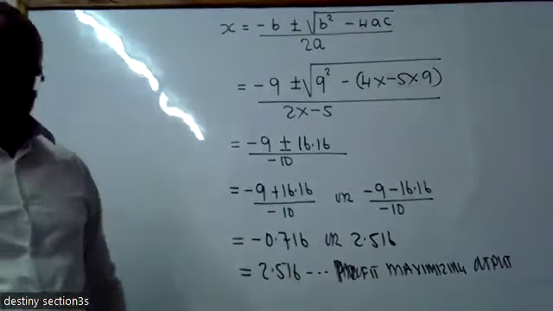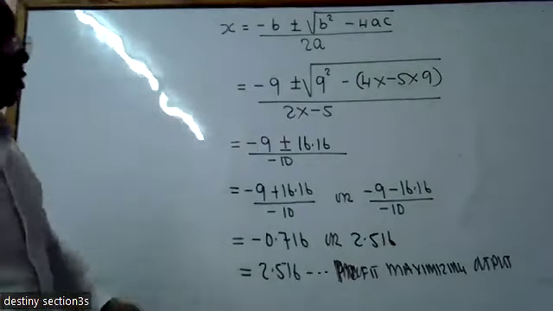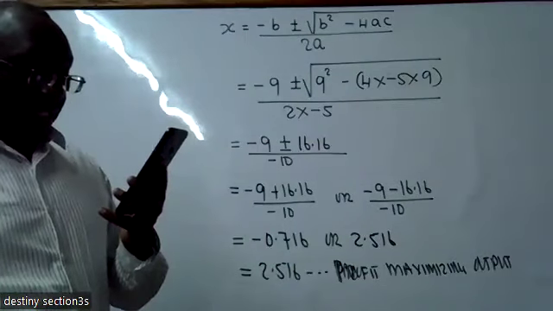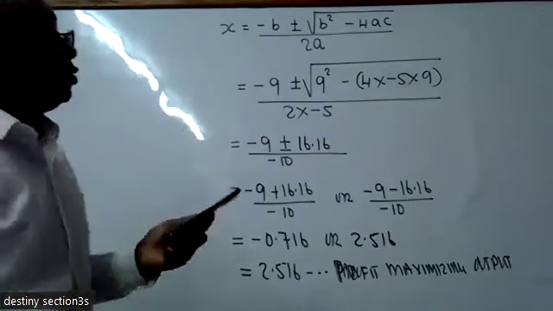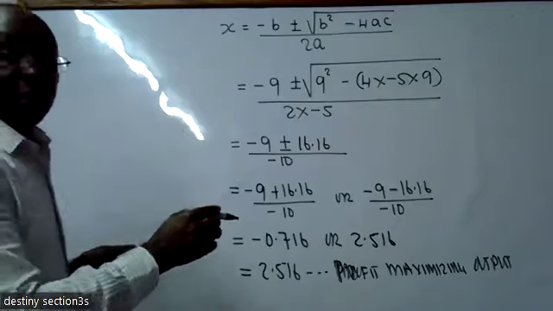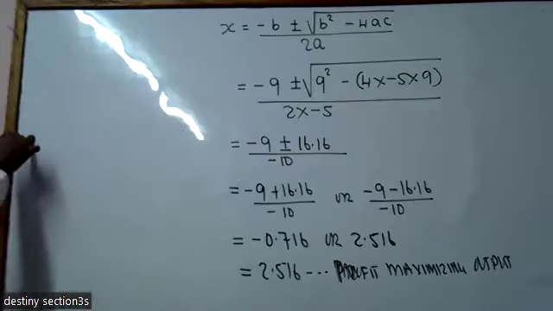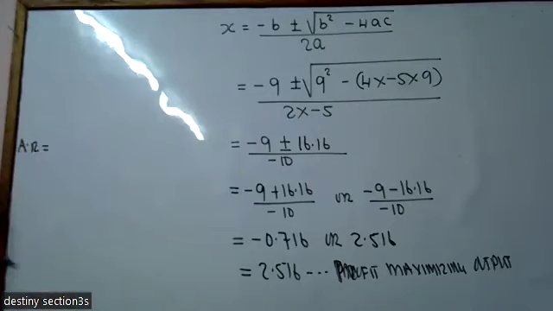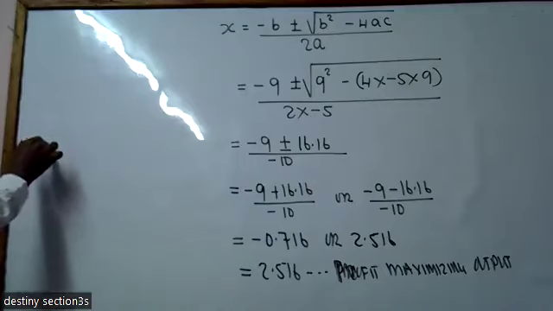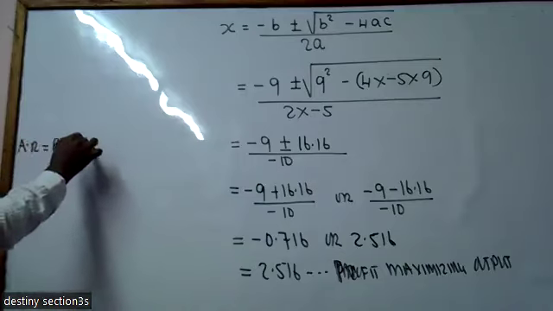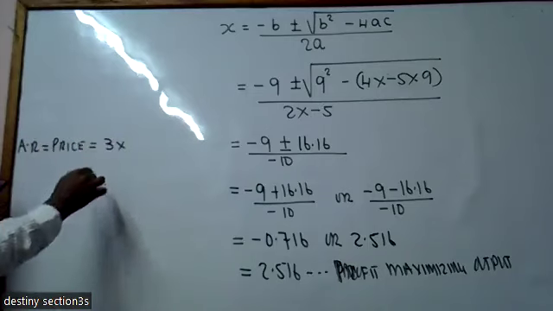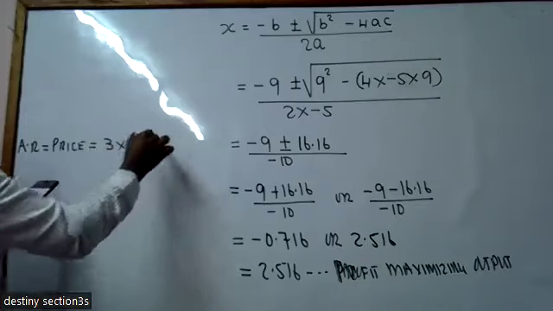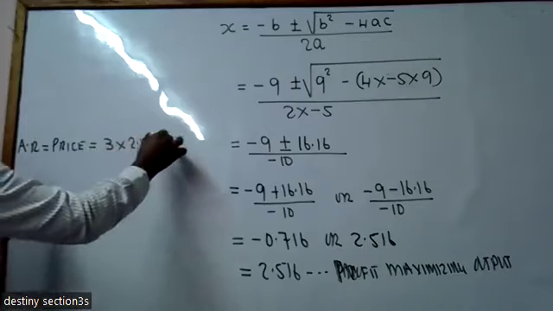So sasa, I have run the equations that I had. Roman 3 inasema calculate the price. Price ni ile tulikuwa nayo as the average revenue, 3x plus 7. Remember average revenue I'm saying is the price. So unasema ni 3 times x, x is 2.516, plus 7.